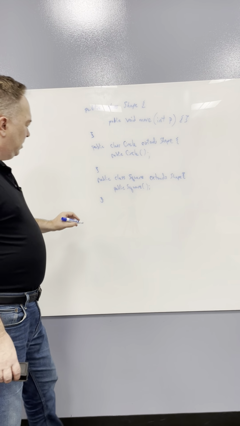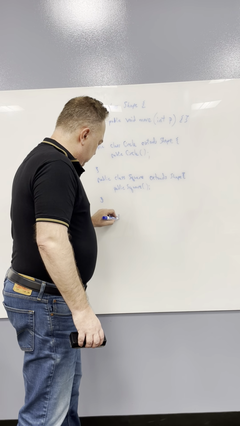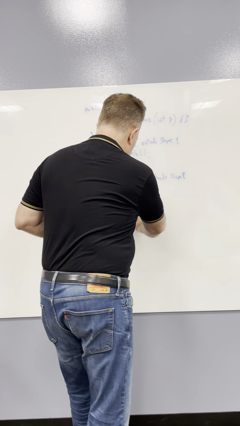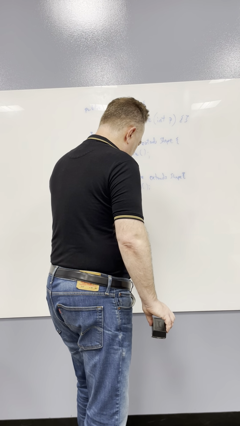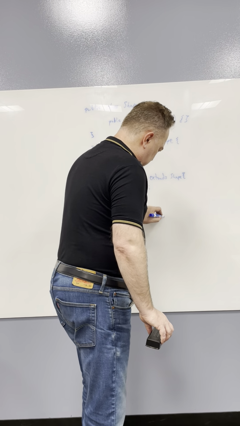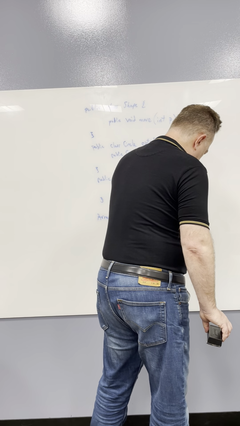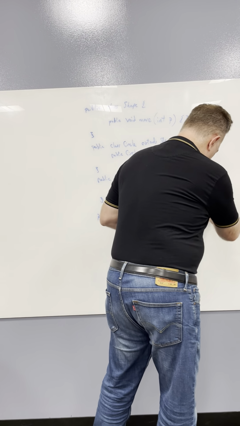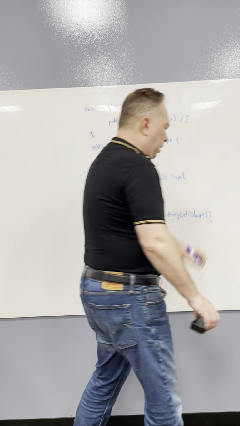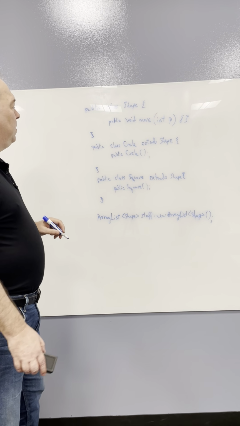Okay, and then we go back to that array list example. Stuff. Okay, so here we're making an array list of shape like we had before.